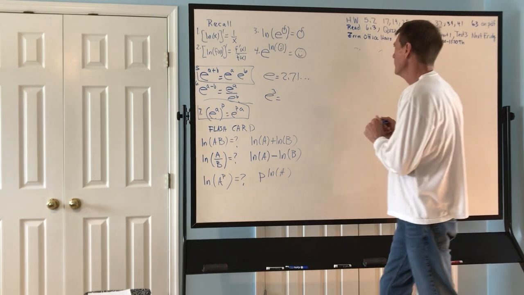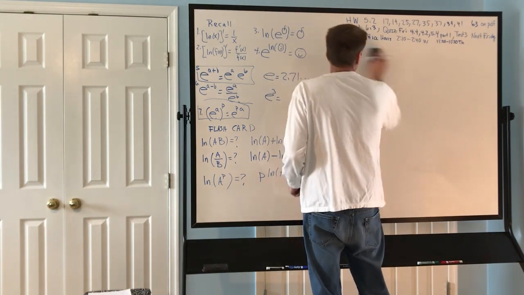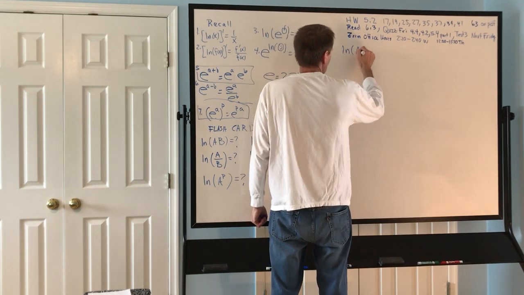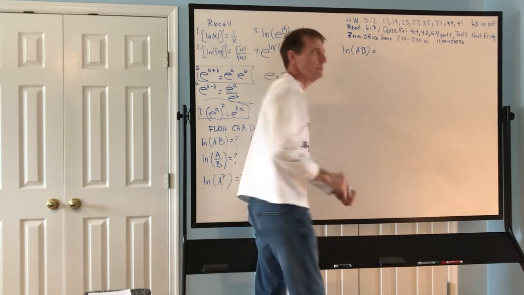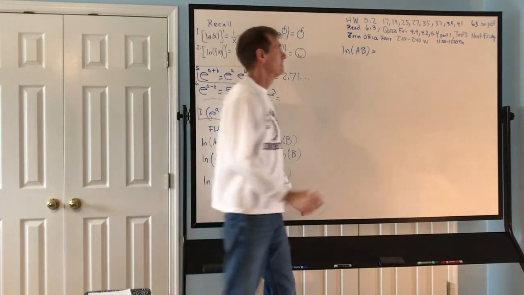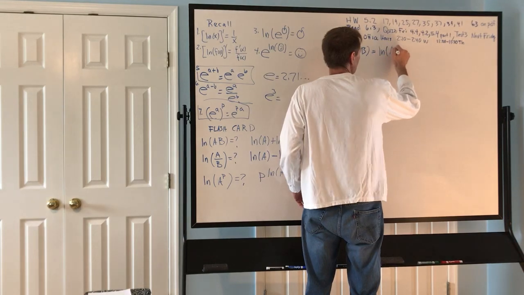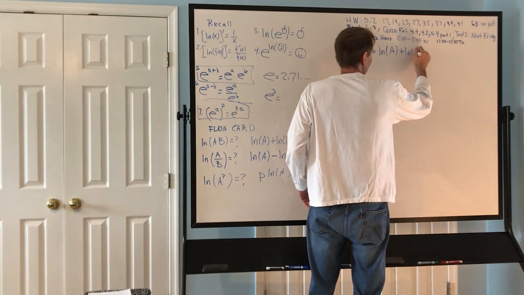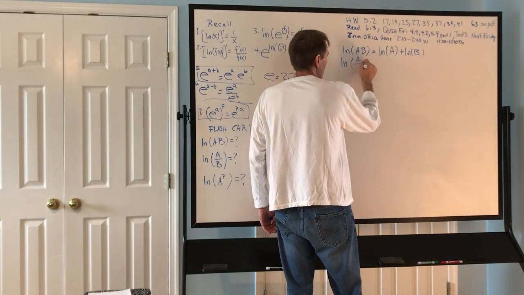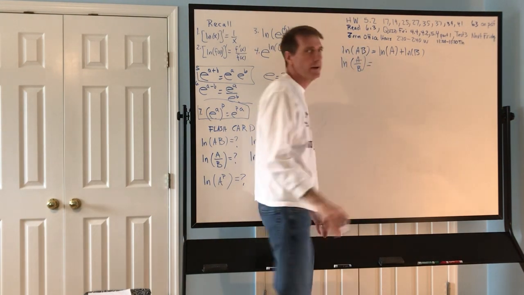So let me write them down up here again. The natural log of a times b is equal to what? I'm covering it up. The natural log of a over b is equal to what?